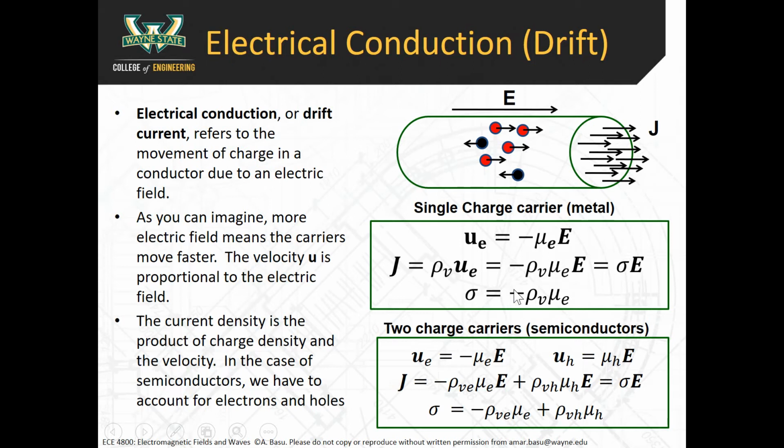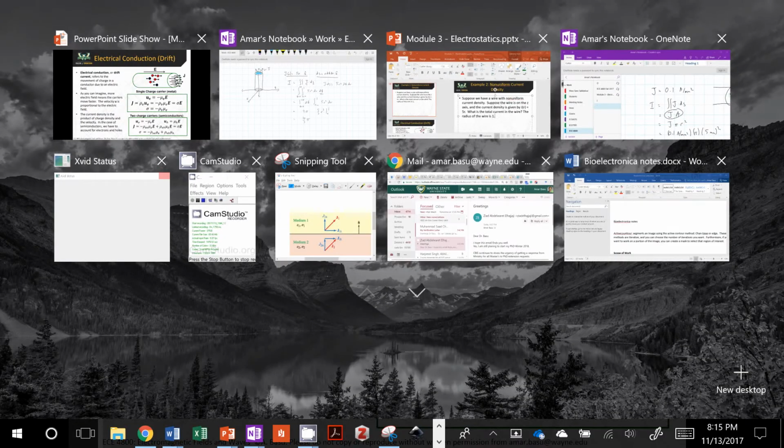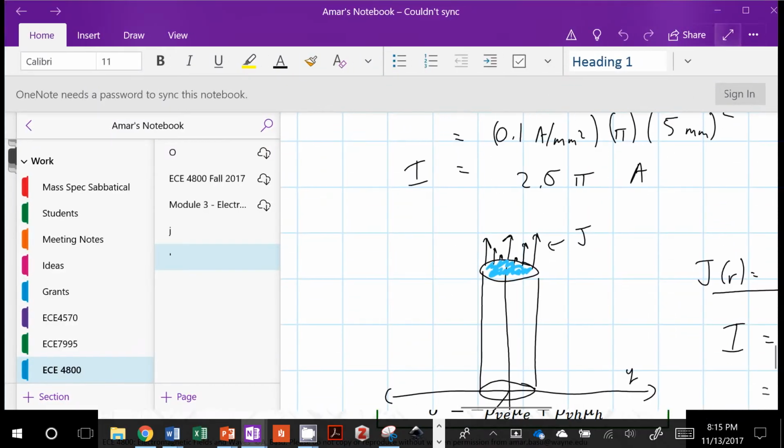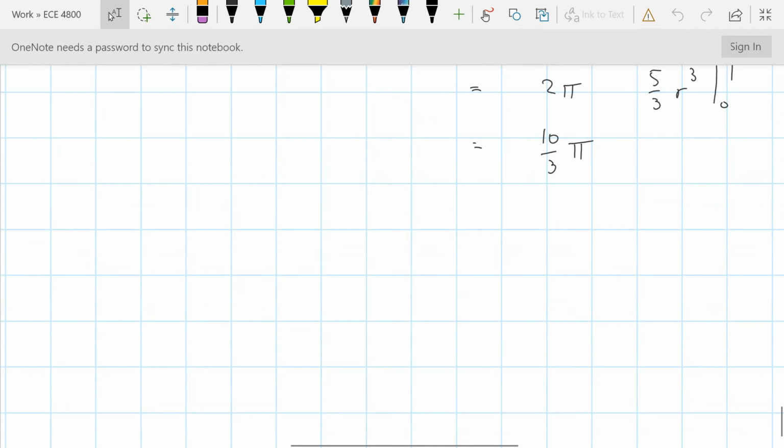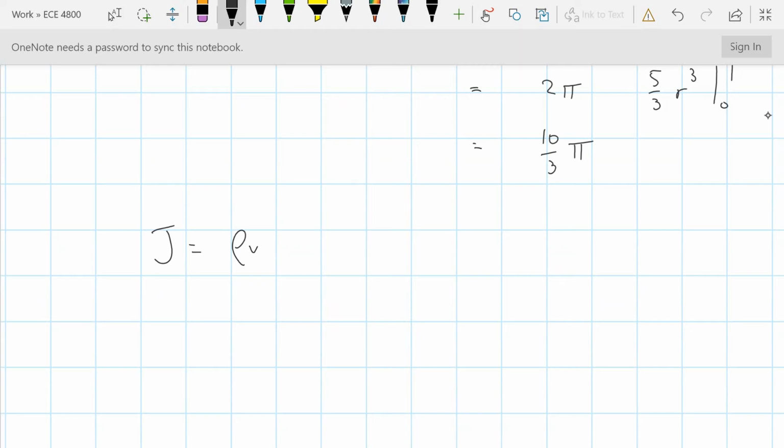And the units for this make sense because J is equal to rho v times u, the velocity. The units for rho v are coulombs per meter cubed. What are the units for velocity?